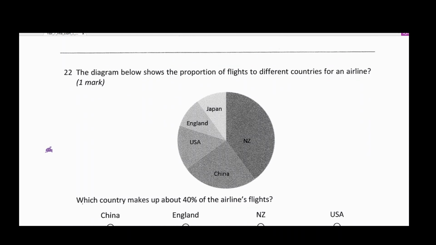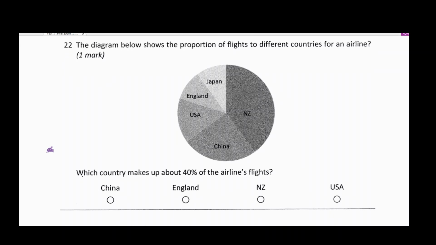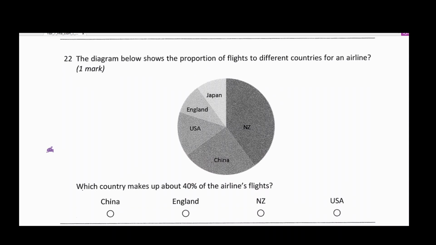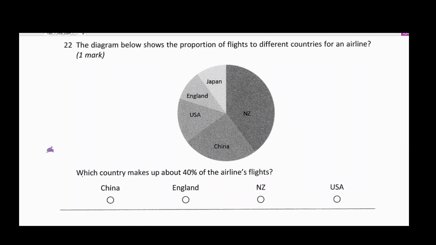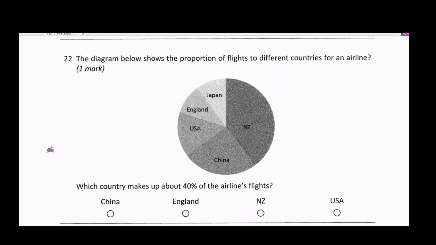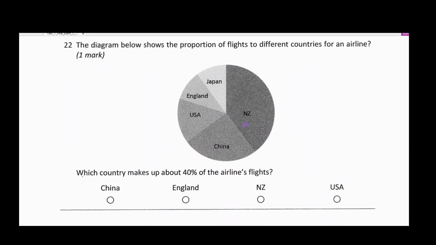The diagram below shows the proportion of flights to different countries for an airline. Which country makes up about 40% of the airline's flights? So 40%. It's going to be New Zealand.